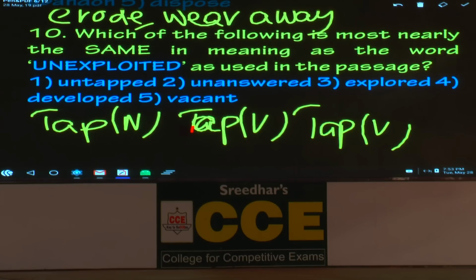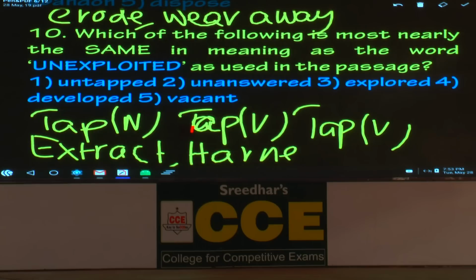Tap the resources. Write a few combinations. First you write tap the resources, then you write tap the potential, tap the potential. Here tap means what? Please write the word, simple word, extract, better word, harness. Harness means what? Bring out. Harness. Extract is an easy word, harness is a better word.